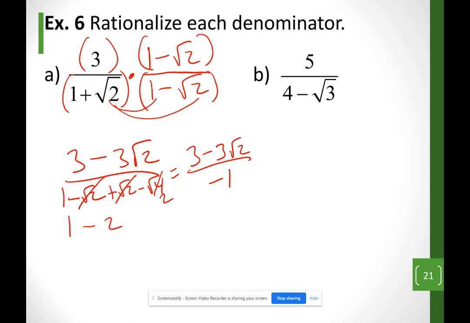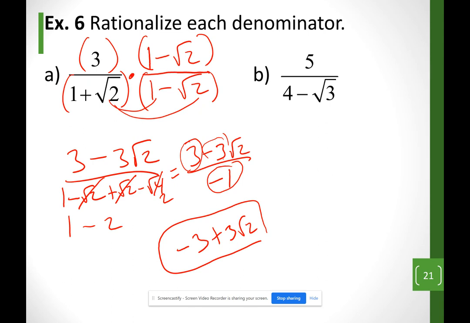However, I can get rid of the fraction by dividing everything by negative 1. So I'm just going to have a negative 3 plus 3 radical 2. Right? Keep in mind, I distributed the negative sign. So that's why some changes of signs were there, just so I can get rid of the fraction.